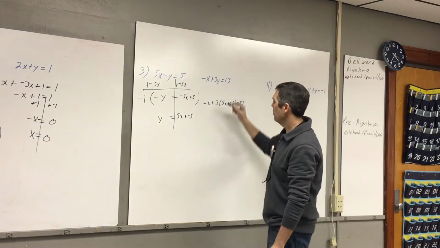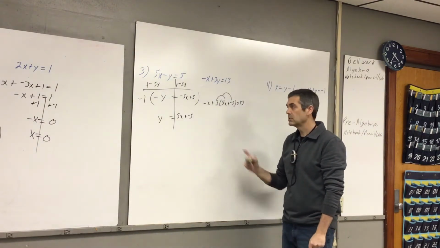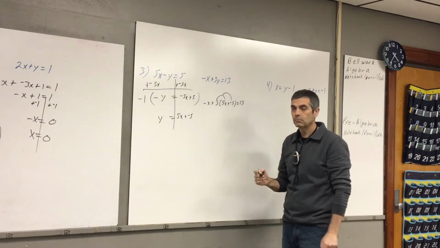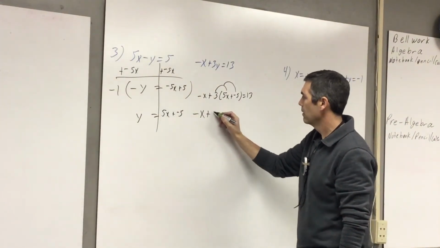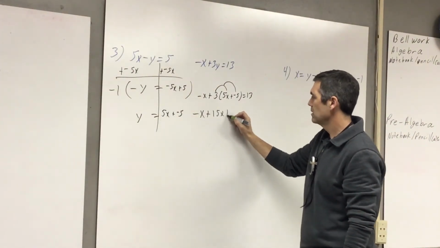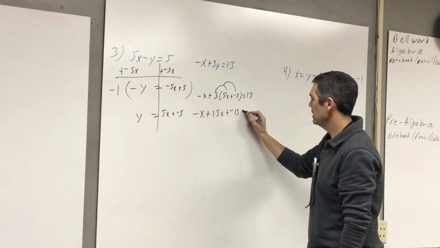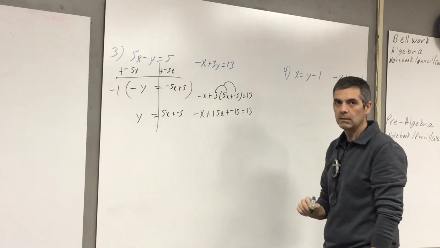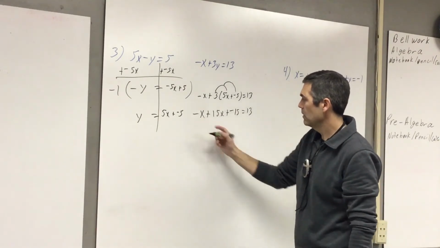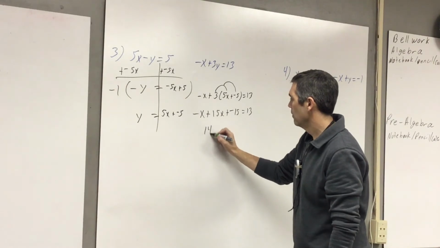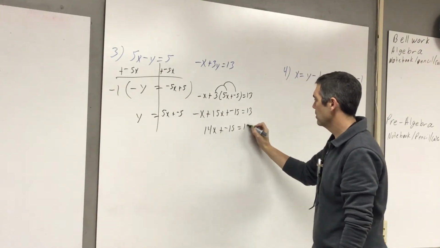Okay? Now I'm going to use my distributive property here in order to get rid of that so that I can start combining my like terms. Okay, so negative x plus 15x plus negative 15 equals 13. Now we combine our like terms all on one side. 15x minus x, 14x plus negative 15 equals 13.